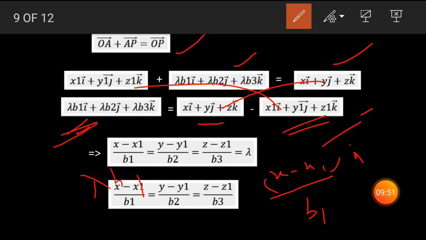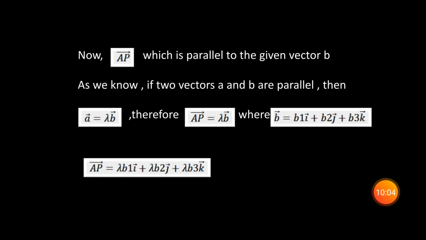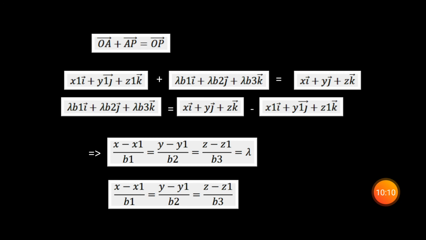Similarly, here y minus y1 upon b2 and z minus z1 upon b3, they are all equivalent and equal to lambda. So this is your Cartesian equation: x minus x1 upon b1 equals y minus y1 upon b2 equals z minus z1 upon b3. So these are the two forms.